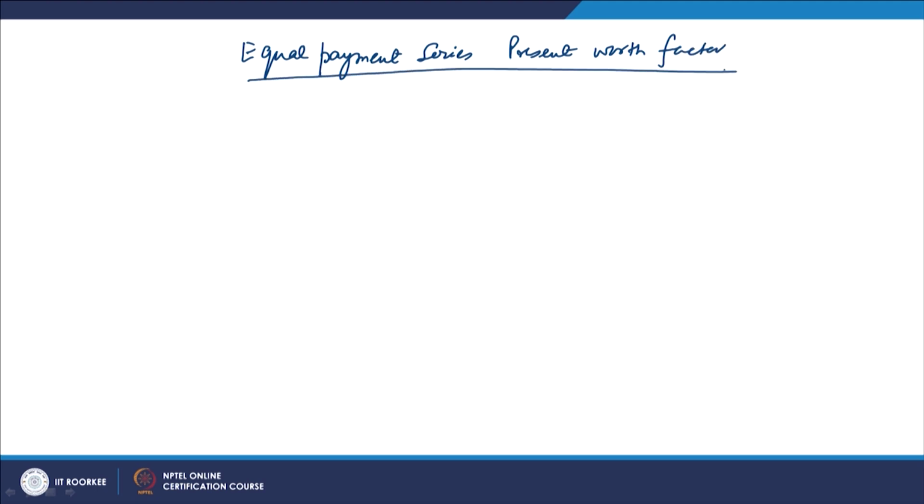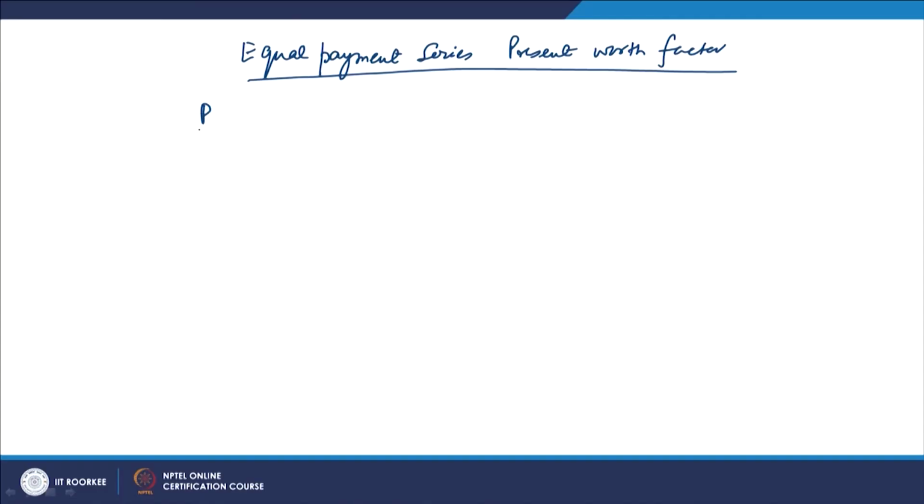In this case you know the equal payment amount and you have to find the present worth. So, it will be basically P by A, i, n. This is the factor known as the equal payment series present worth factor, and it is the reciprocal of A by P, i, n.